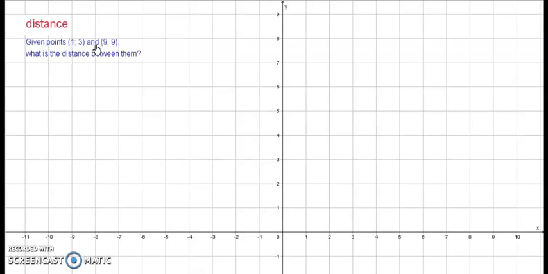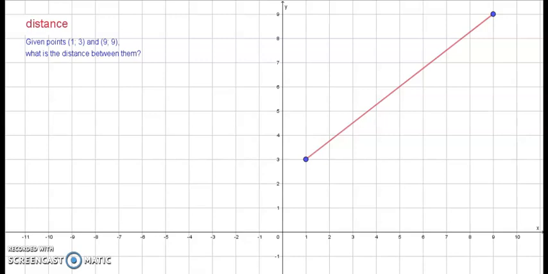Given points 1 and 3 and 9 and 9, what is the distance between them? So again, let's plot: 1 and 3 will be here, and 9 and 9 will be over here. So we're trying to find this distance over here. And all of a sudden, there's both a vertical component and a horizontal component to the distance between them.